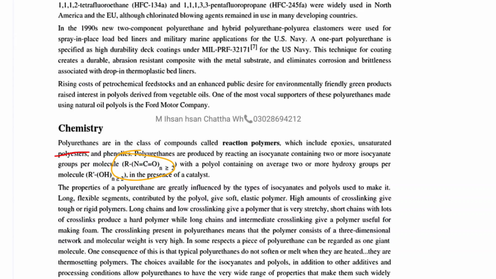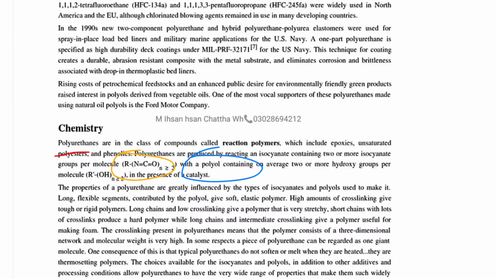Isocyanate, biisocyanate, diisocyanate and polyisocyanate, and similarly the second reacting unit, monomers such as polyol. A simple polyol is ethylene glycol, which is a diol. It has 2 hydroxy groups per molecule.